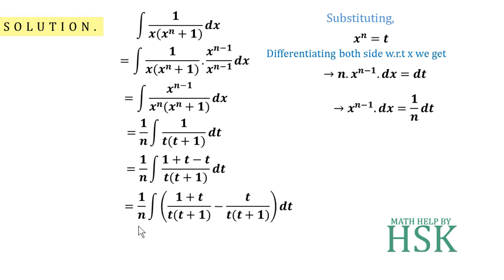So I'm going to get 1 upon n times 1 plus t upon t into t plus 1 minus t upon t into 1 plus t. So t and t cancel out. I'm going to obtain 1 upon n times integration of 1 upon t minus 1 upon t plus 1 dt.